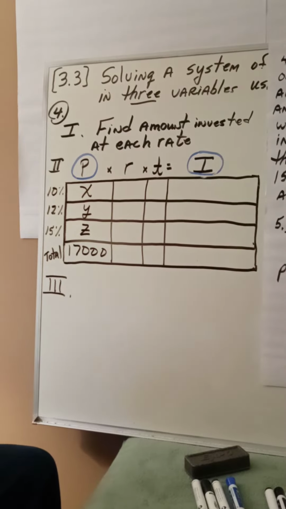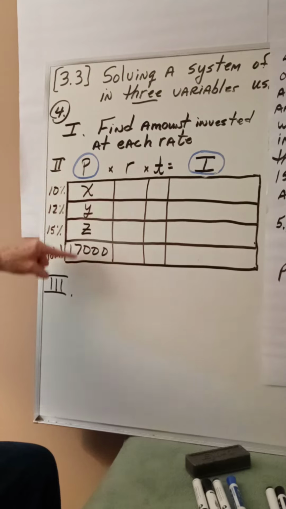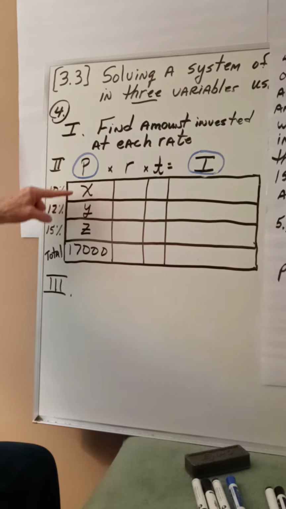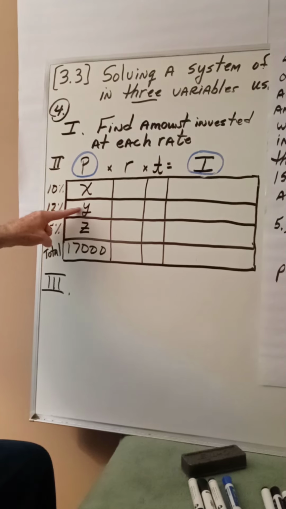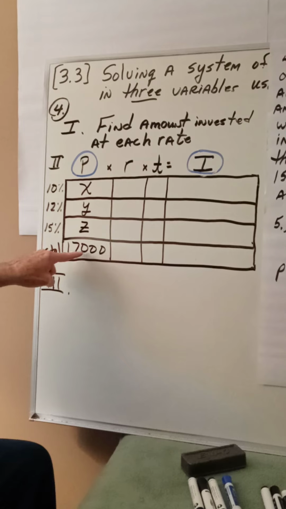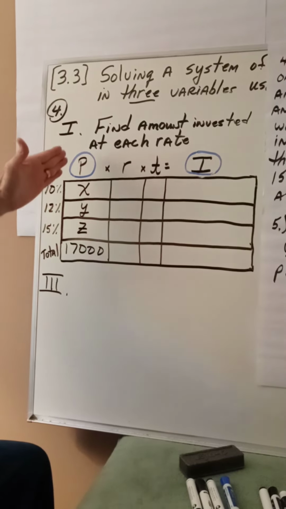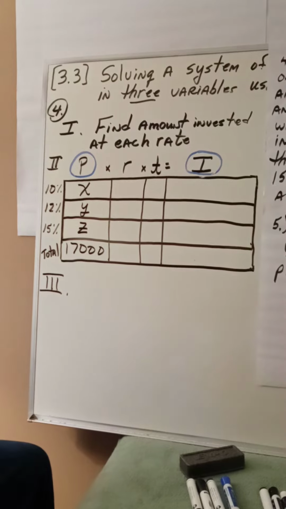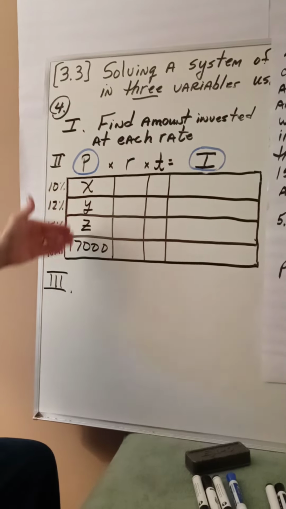Let's just stop there for a moment. We see equation number 1 right here. The amount invested at 10 plus the amount invested at 12 plus the amount invested at 15 equals $17,000. That's going to be our first equation that we'll write down. That came from sentence number 1.